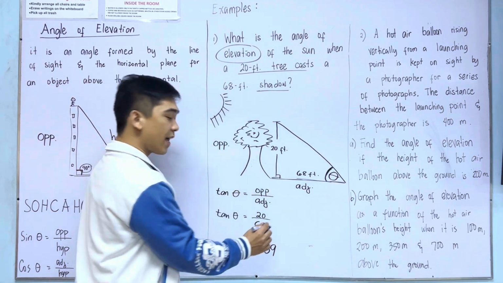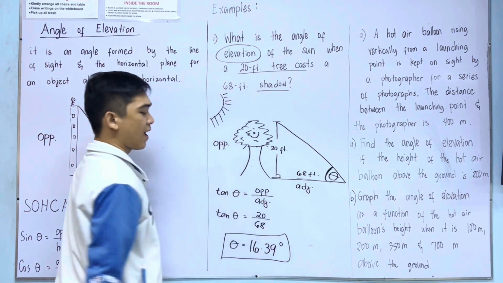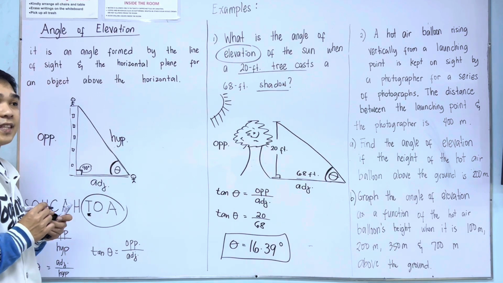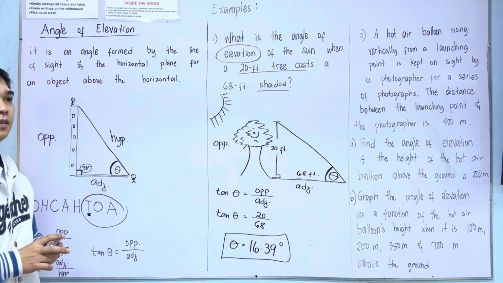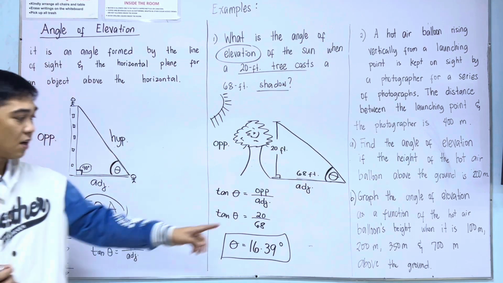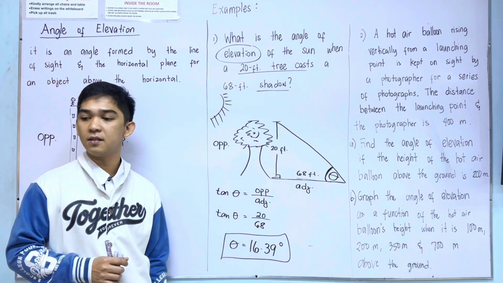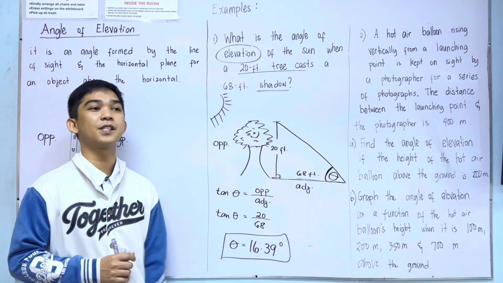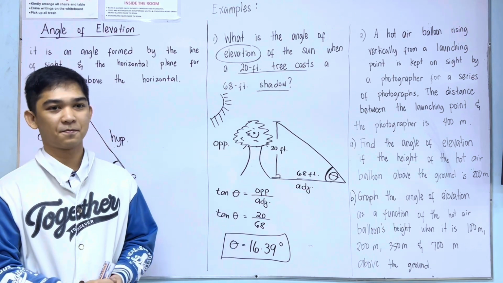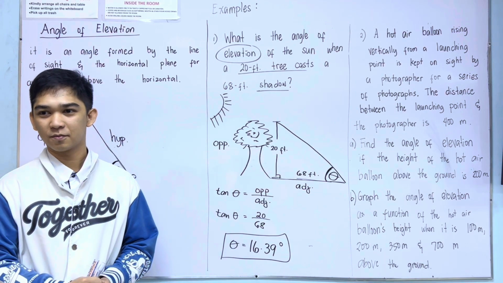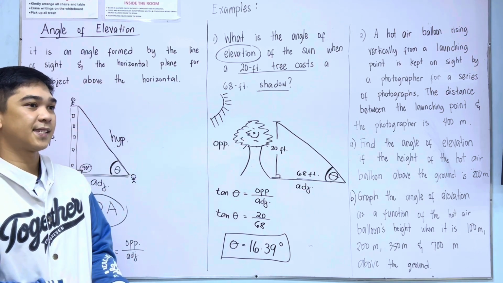Then, we're looking for the angle, so, degrees. 16.39 degrees. Nakuha? Opo. Madali? Opo. Ulitin sa calculator. 20 over 68. Press equal sign. Now, shift tangent. Two decimal places.